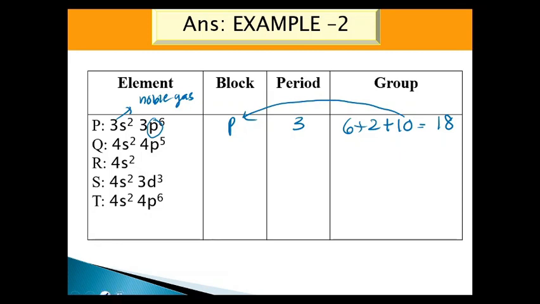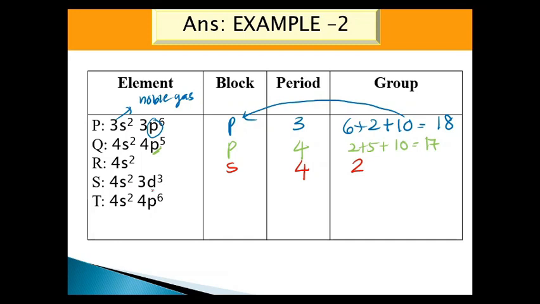For Q, it has P block, period 4, and again 2 plus 5 plus 10, so the group is 17. For R, the block is S, the period is 4, and the group is group 2.